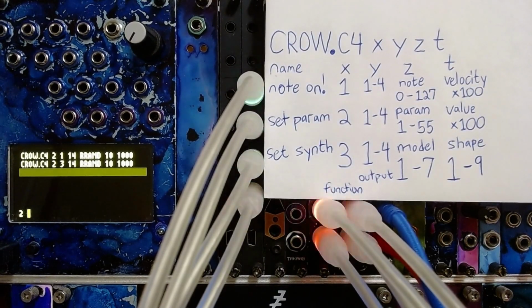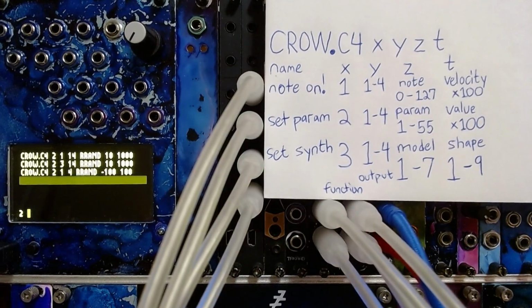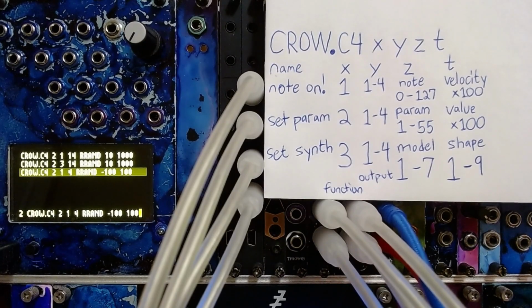So we can put this in here and sequence the pulse width. Pulse width goes between a range of -1 to +1, so we could do negative 100 to positive 100. Let's set that to output 3.